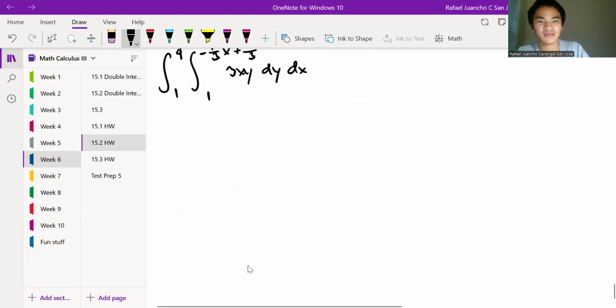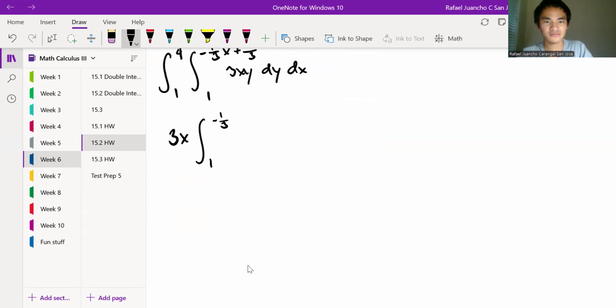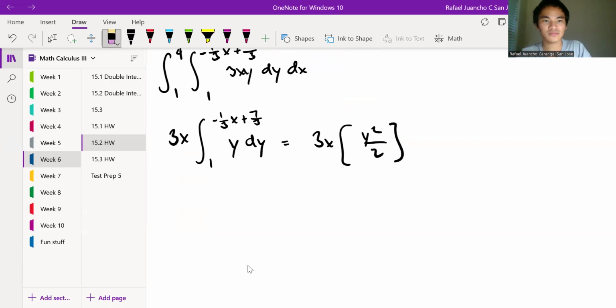Okay, so I treat y as a variable, so I immediately take out my x here. I put this here. This is my y. I integrate it. Let's immediately take out my half here.